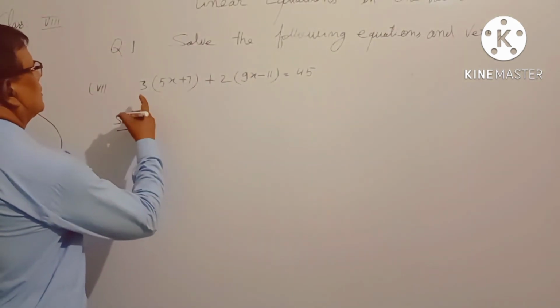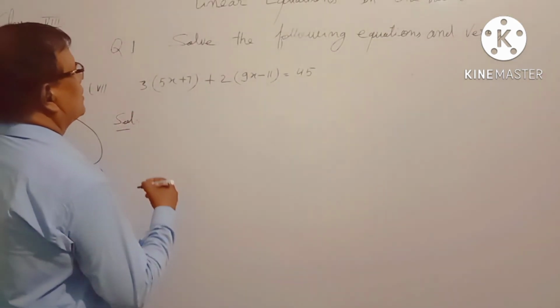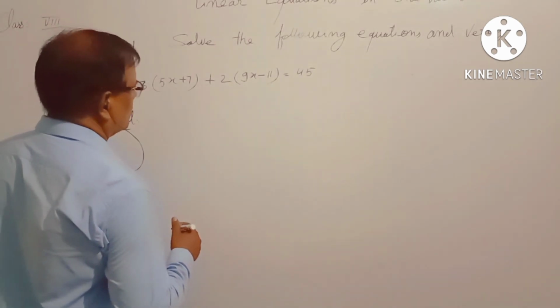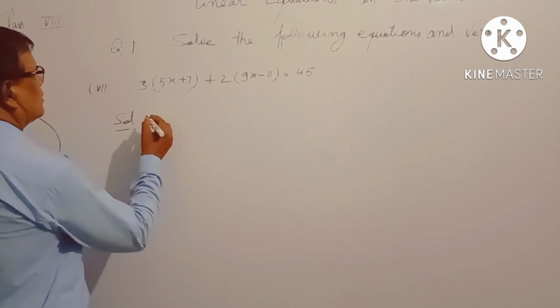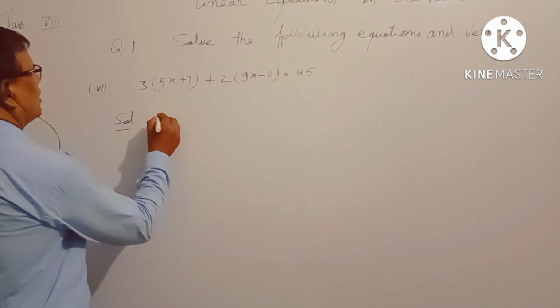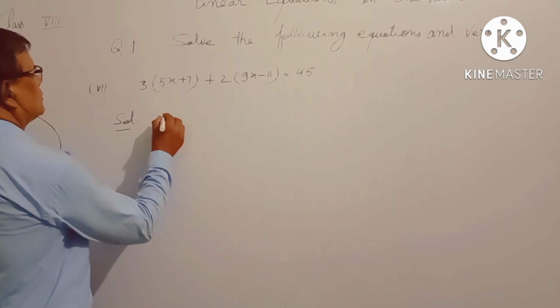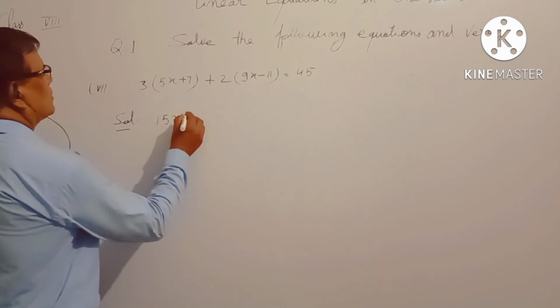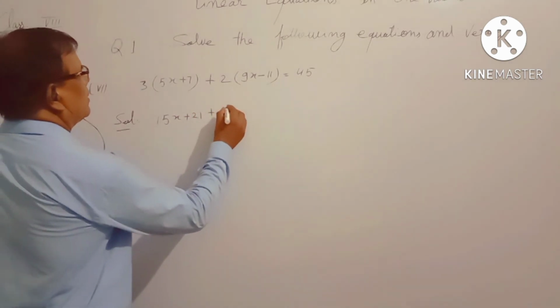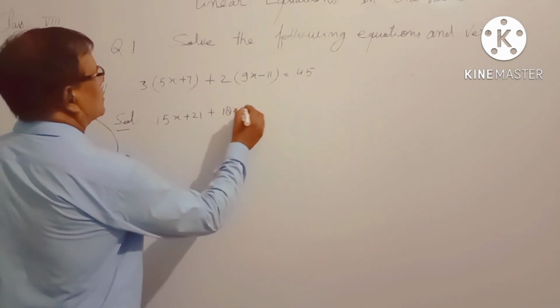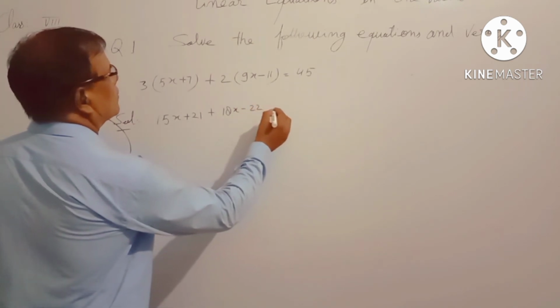Add 3 into 5x plus 7 plus 2 into 9x minus 11 equal to 45. Now we solve it and find the value of x. 3 5 ja 15, 15x, 3 7 ja 21 plus 2 9 ja 18x minus 2 11 ja 22.